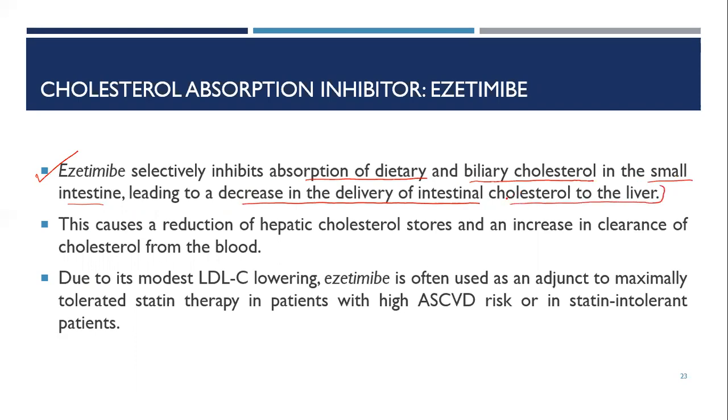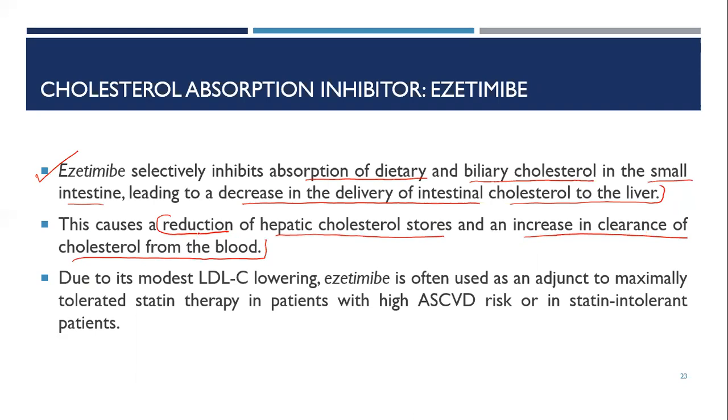As the name suggests, it inhibits the absorption of cholesterol from the small intestine. And as the absorption is decreased in the small intestine, its delivery to the liver is also decreased, because of which there is a reduction in the hepatic cholesterol stores and an increase in the clearance of cholesterol from the blood.